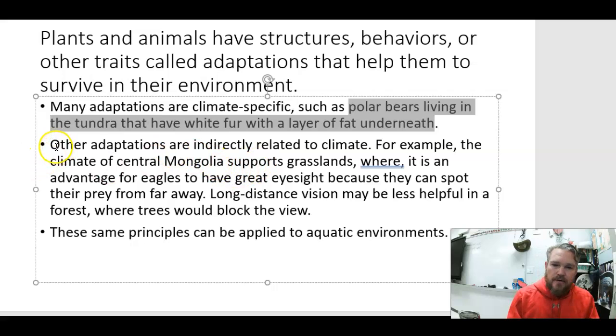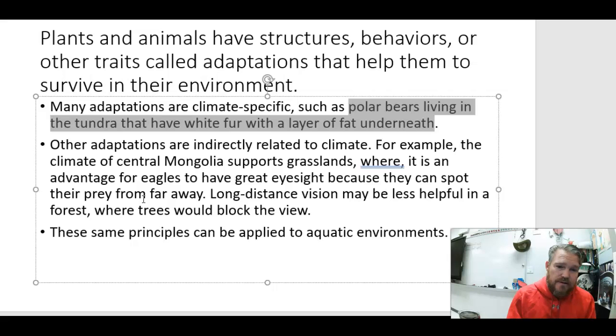And then other adaptations are indirectly related to climate. Like in Mongolia, there are a lot of grasslands where it's advantageous for birds of prey especially to be able to see very acutely into those areas so that they can see their prey from long distances. This also applies to aquatic environments.